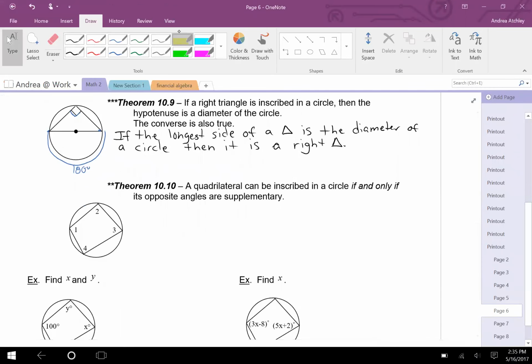Next one. A quadrilateral can be inscribed in a circle if and only if its opposite angles are supplementary. So you need those opposite angles to be supplementary.